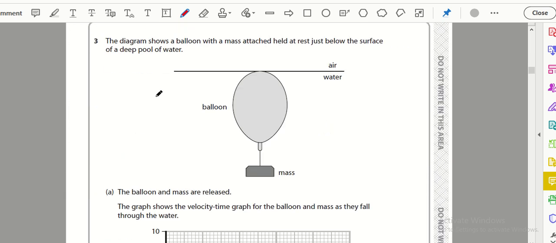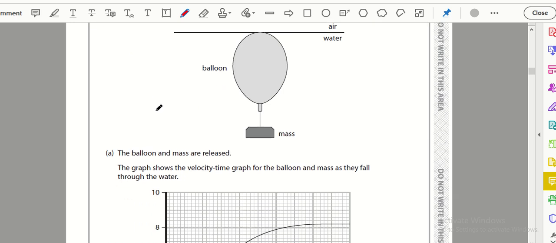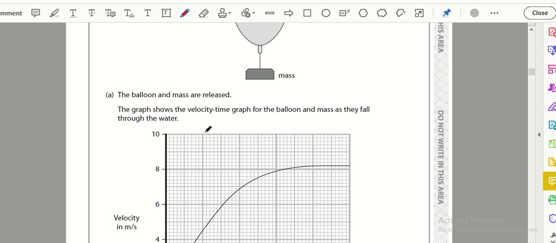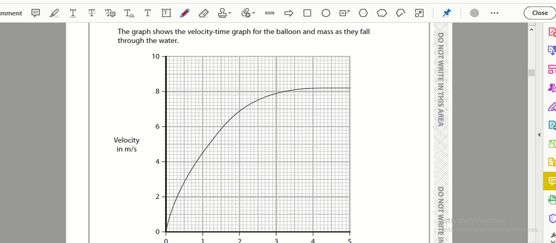The diagram shows a balloon with a mass attached held at rest just below the surface of a deep pool of water. The balloon and mass are released. The graph shows velocity against time of the balloon and mass as they fall through the water.